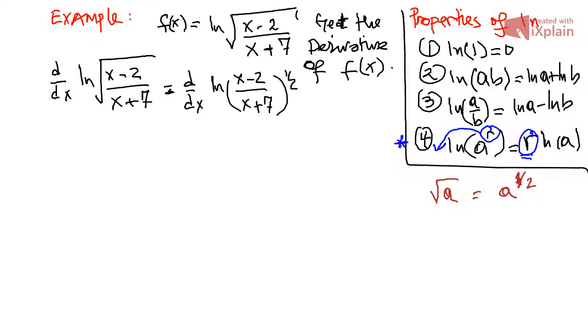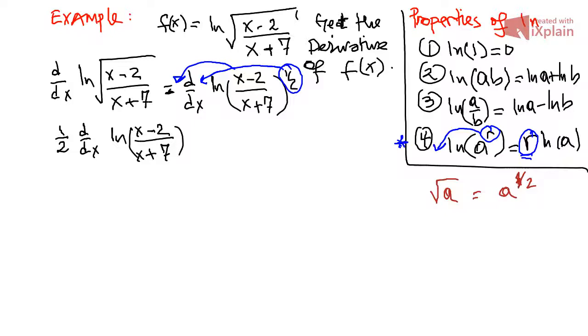Okay, so I'm gonna use that property number 4 to bring the power 1/2 to the front of natural log, and since it's a constant, we can just bring it outside of the d over dx. So it's 1/2 d over dx. Now I'm going to go ahead and rewrite the expression x minus 2 over x plus 7.